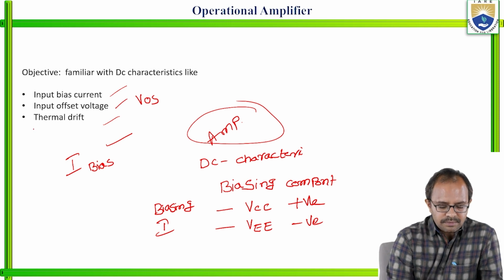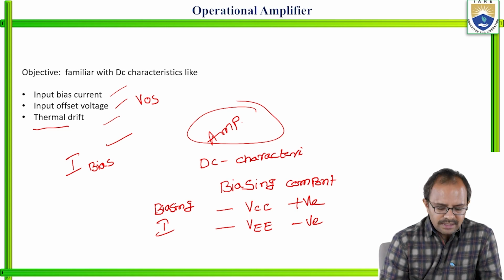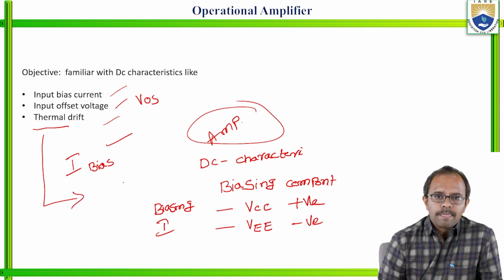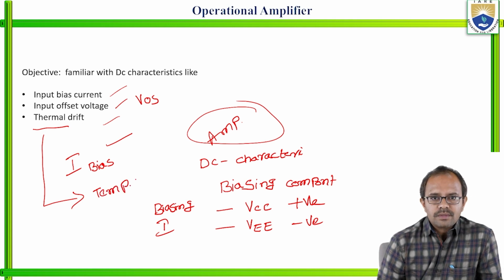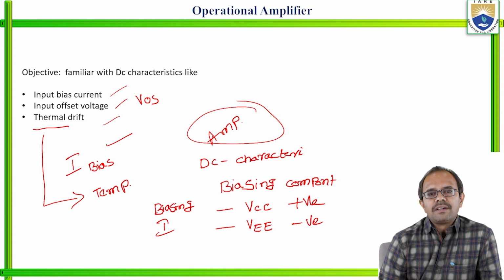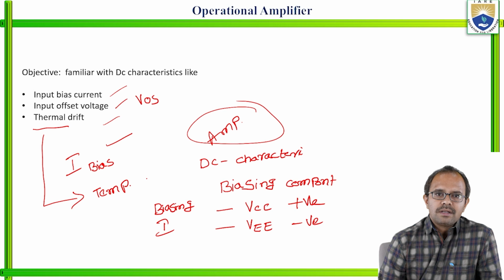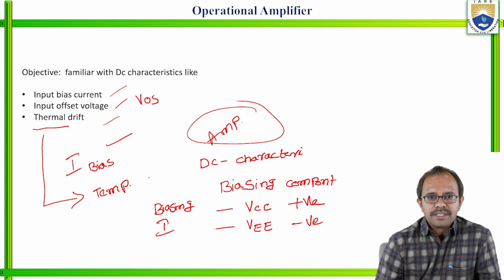The term thermal, what do you understand? The moment you coin the term thermal, you will realize that it is related to temperature. Thermal means temperature. What is the effect of temperature on operational amplifier characteristics or the functionality of operational amplifier? Is there any change in the operation of the device?